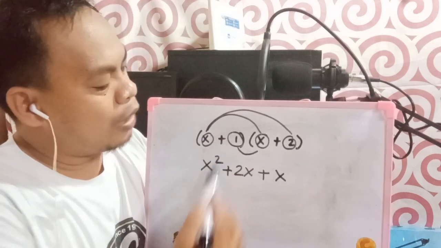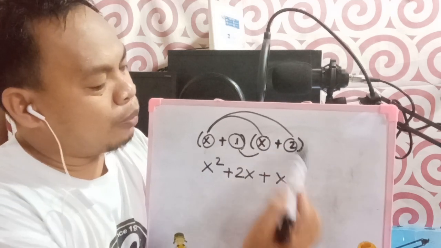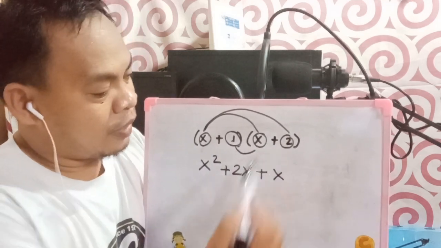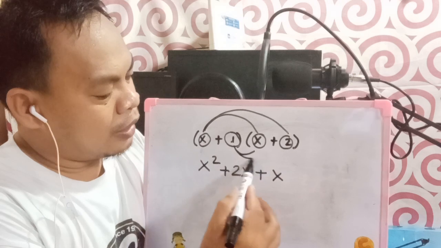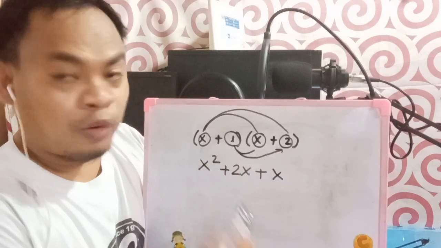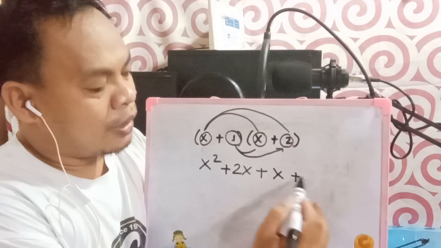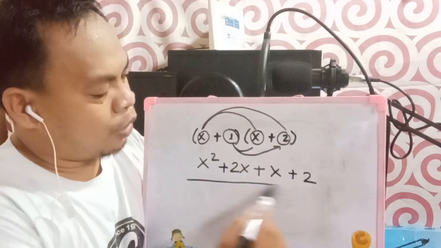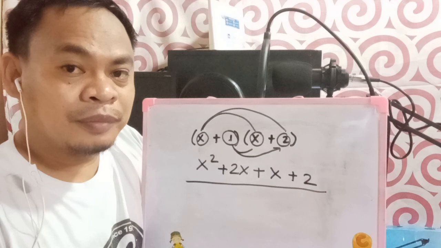For this binomial, our last term is 1. And for this binomial, our last term is 2. So therefore, let's multiply 1 times 2. This is positive and this is positive. Therefore, 1 times 2 is 2. So this is now our answer.